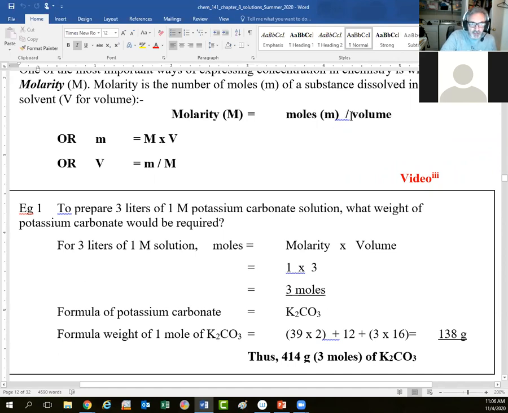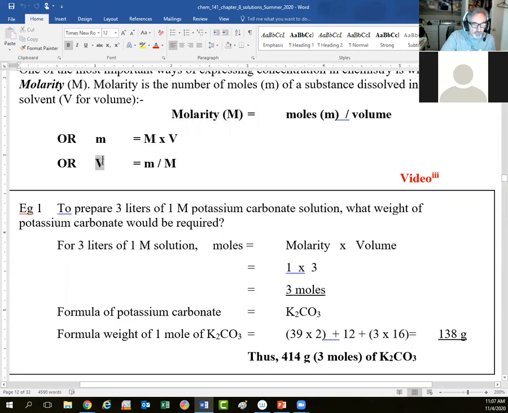So moles divided by the volume gives us molarity, or we can switch a calculation to give us the number of moles of solute. That would be taking the molarity, the number of moles per litre, multiplied by the number of litres.